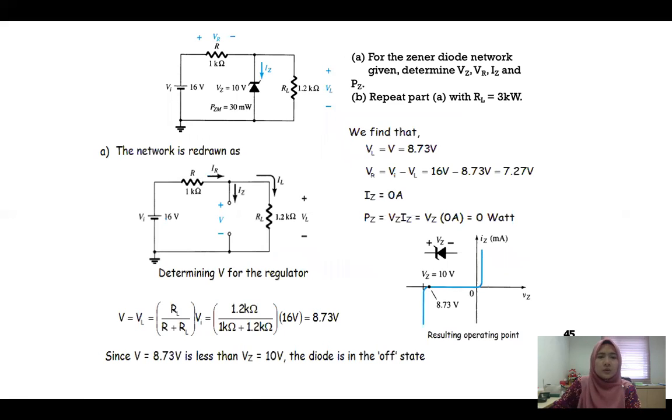From this circuit, you need to redraw. Take out the Zener diode, so you will have something like this, and you can determine the V. V equals VL equals RL over R plus RL multiplied with V in. You will get V equals 8.73 volt, which is less than the Zener voltage VZ, which equals 10 volt. So the diode is in the off state.